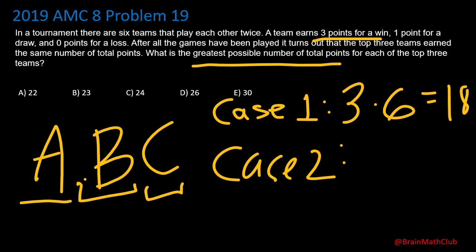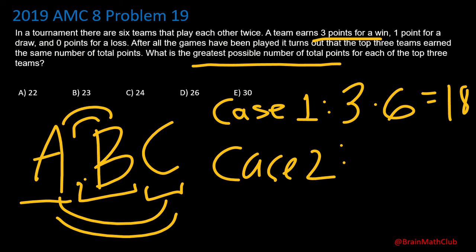How many points can A earn against B and C? I know that A plays against B twice, and A plays against C twice. For this case, we have to keep something in mind: we have to make sure that if A wins one round, then it also loses another, or if A draws one round, then A also draws the other round.